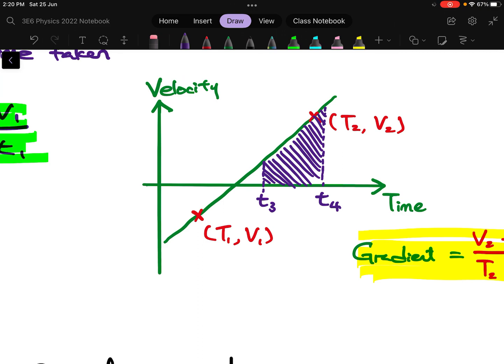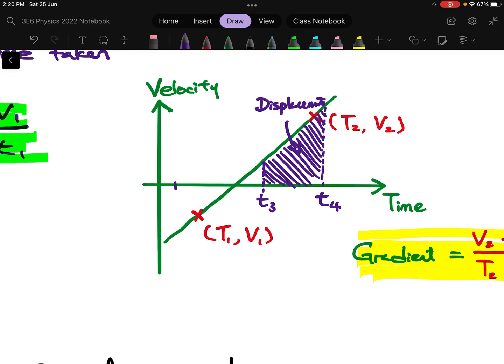And because a velocity time graph gives you a vector measurement, this thing that you are finding, the area, is actually the displacement. Meaning that I can actually have negative displacement, right?